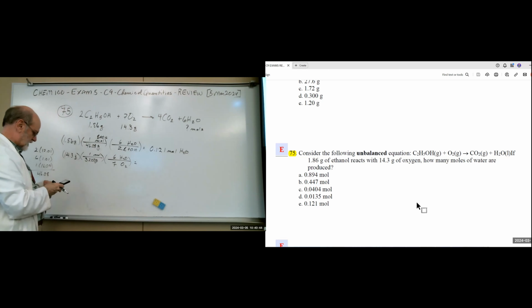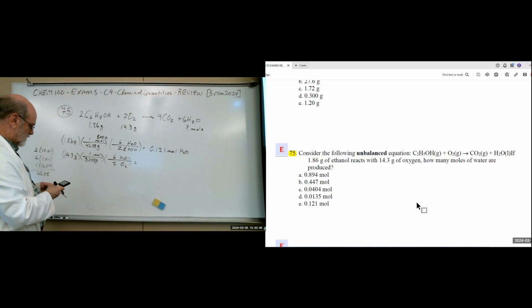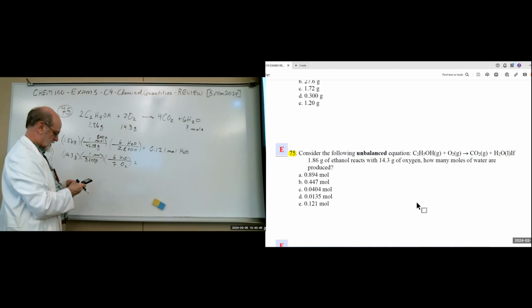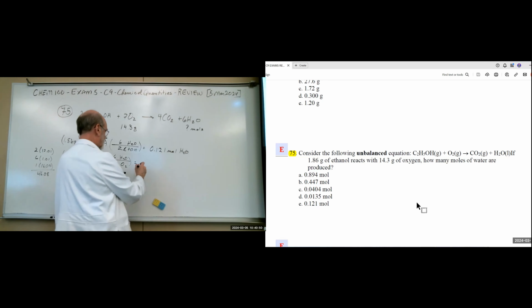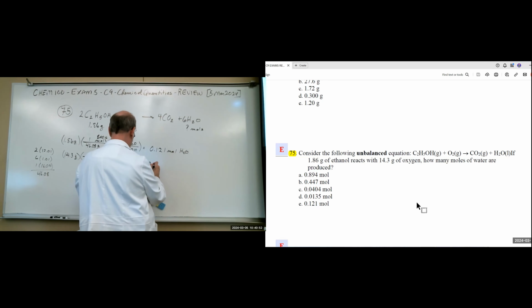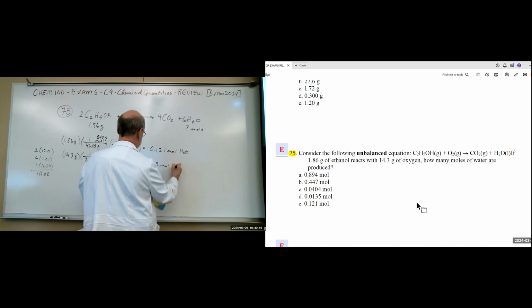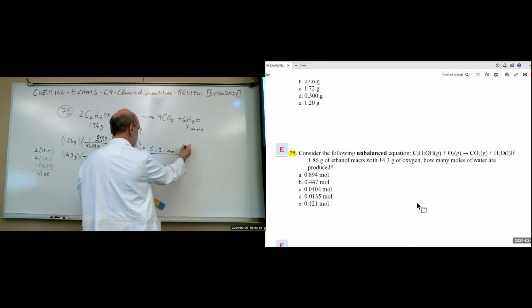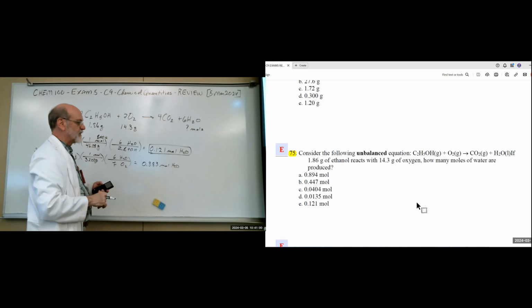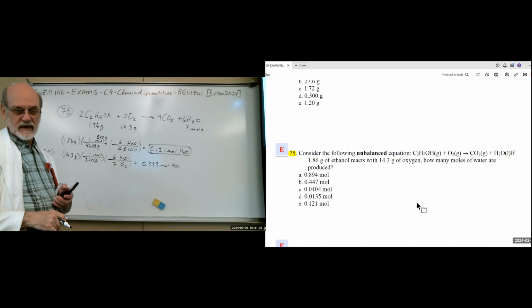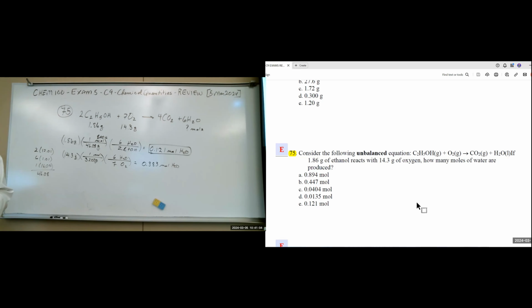All right, so 14.3, 32 divide, 6 times and 7 divide, I get 0.383 moles of water. Okay, so this is the least one. That's the limiting one, 0.121. And the answer is E.